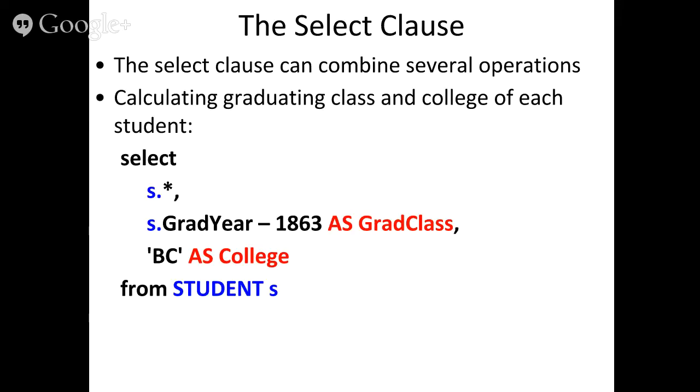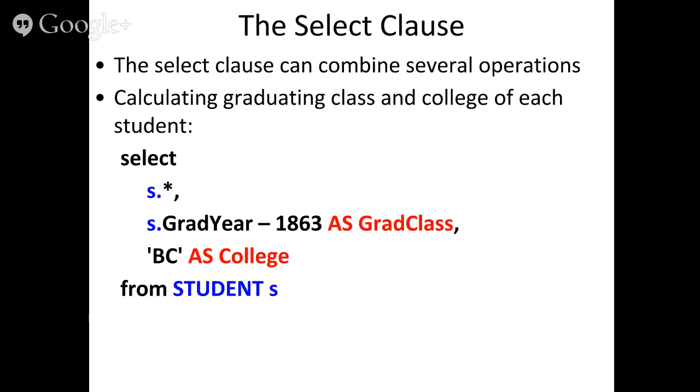Over here, notice that it's extracting from student, I think it was four fields: student name, the ID, the graduation major, and something else. Anyway, S star is extracting all the fields from the original student table. But notice that we have two extra fields there. One of them is being calculated on the fly.